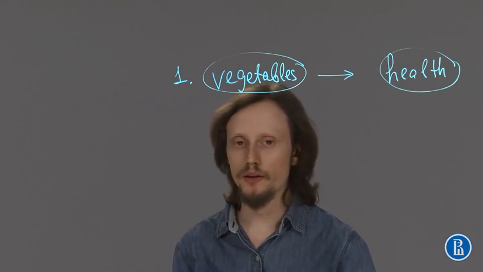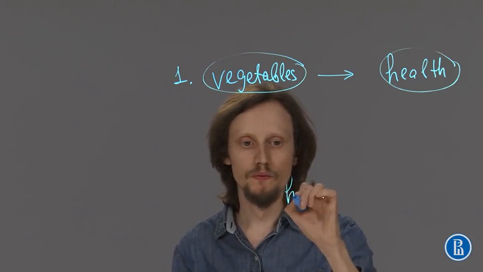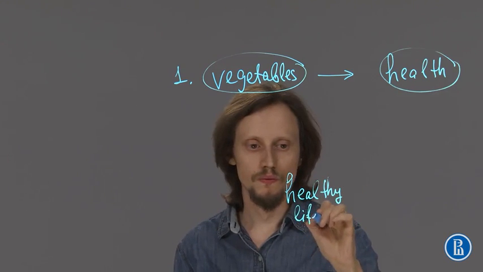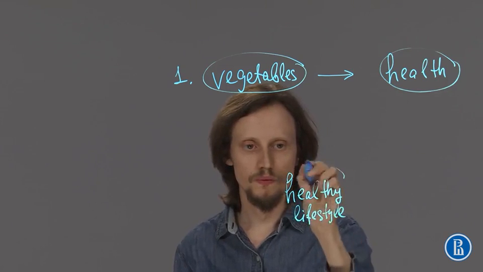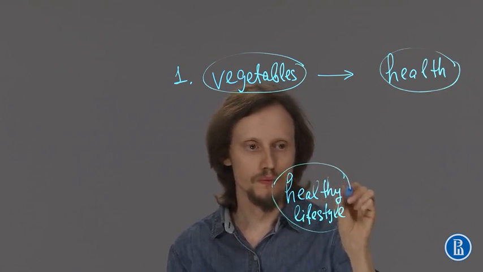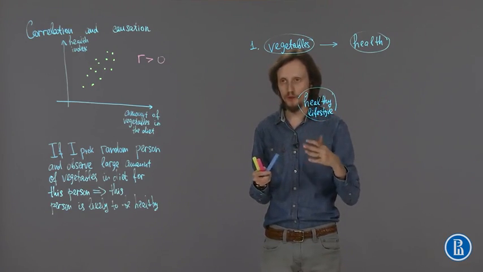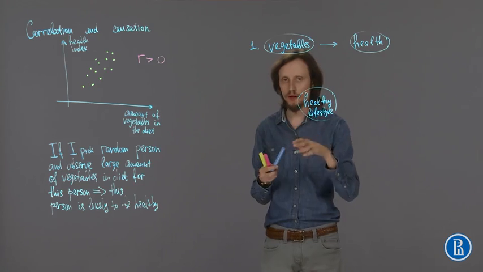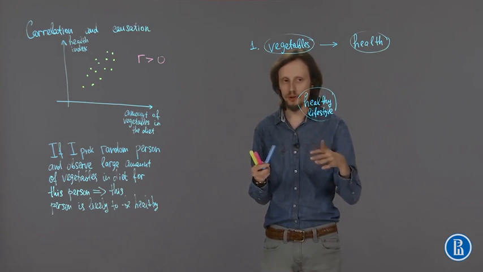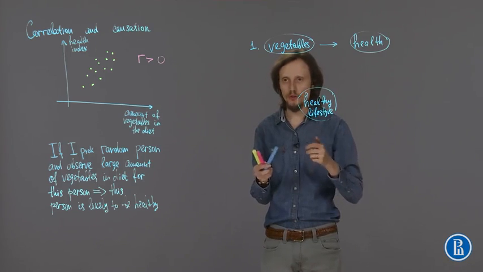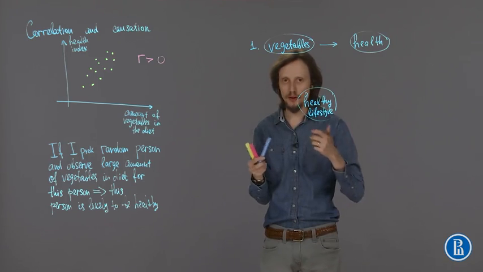This variable, for example, can be healthy lifestyle. In this interpretation, our participant first chooses their lifestyle. It can be more healthy or less healthy. For example, if this person chooses healthy lifestyle, they eat more vegetables, but also they do some kind of sport, or they visit doctors often, and so on.